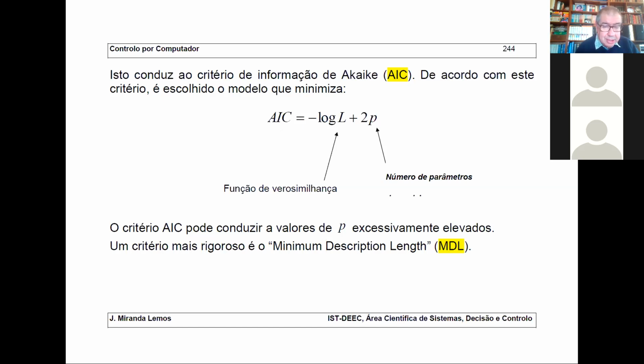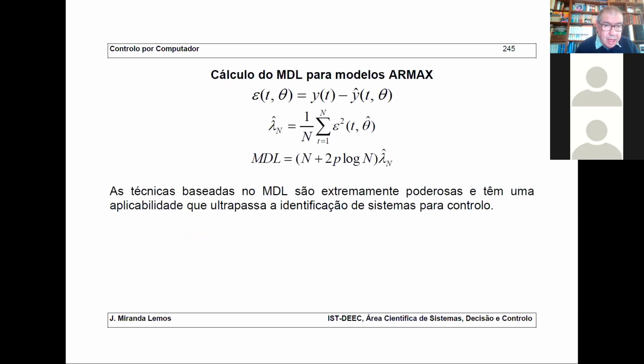You should try to minimize it. Okay. And the Akaike information criterion is usually very conservative. It gives you a big number of parameters, bigger than needed.